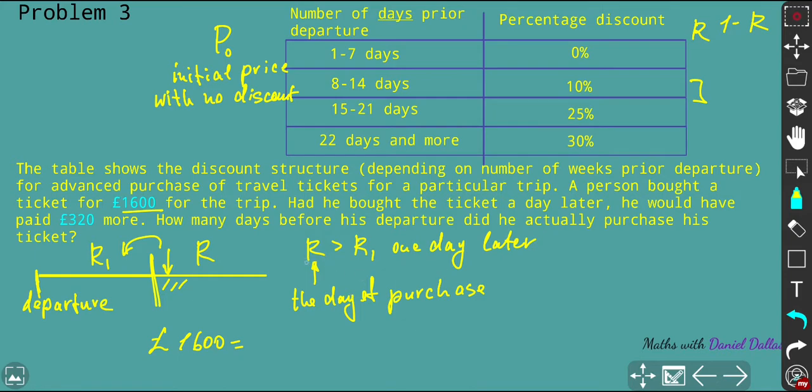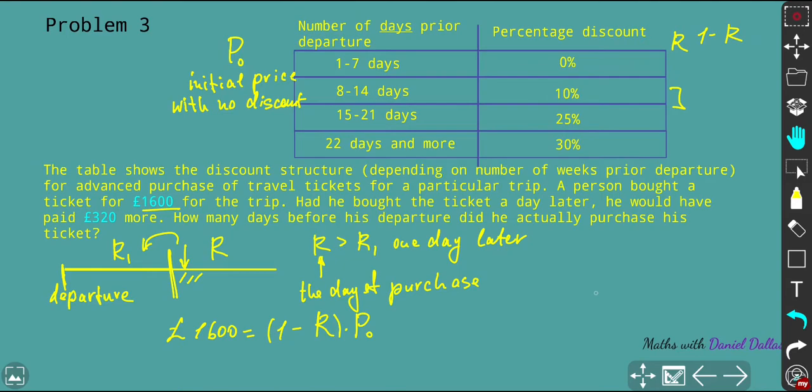So basically R. How discount works, you need to subtract from 1, but R should be converted not into percentage but into decimal. So this is the decimal rate. So we multiply by the original initial price, P0. That's how we normally apply the formula for discount. All right, so that was the price he actually paid.